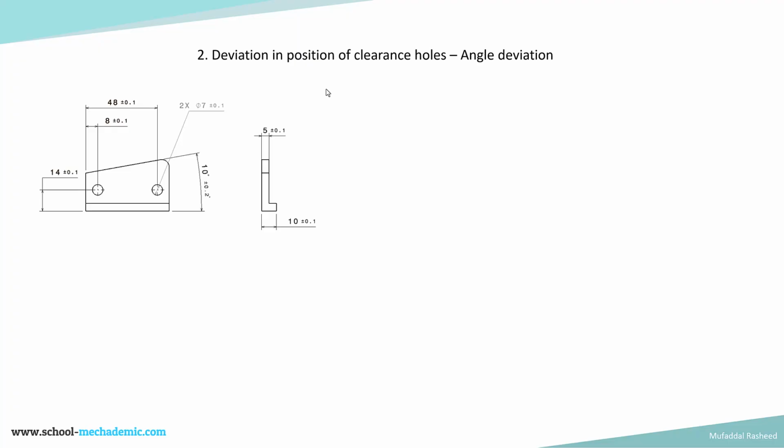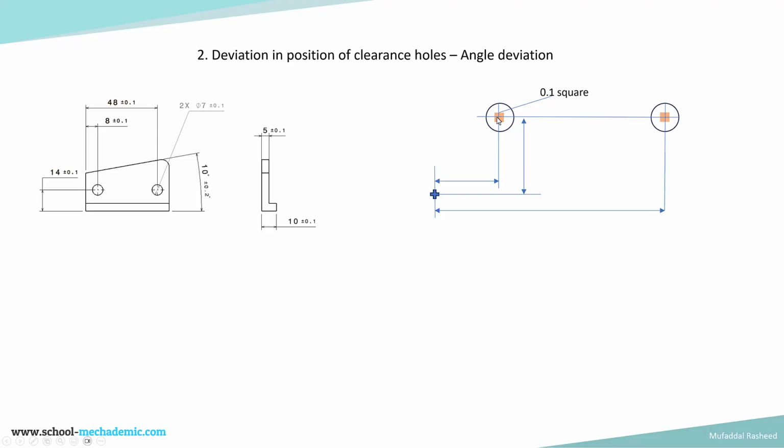The second source of deviation is the deviation in position of the clearance holes on the sand color part, which has the angled profile as shown over here. These are the specifications and the procedure is very similar.